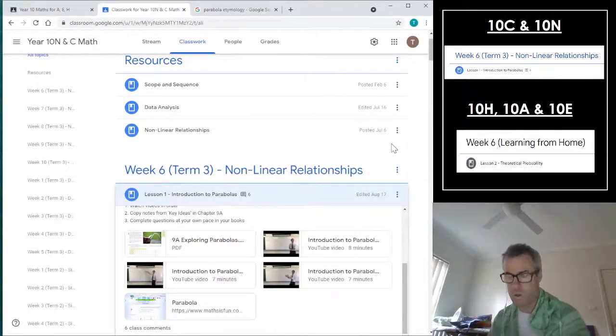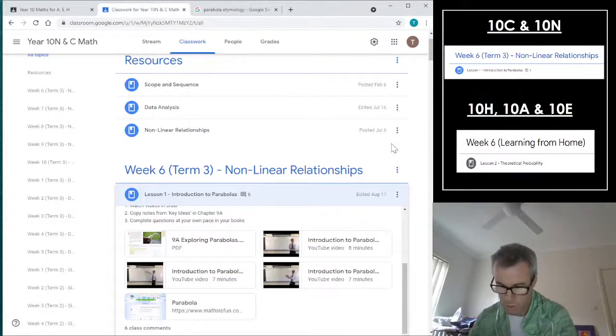So we want stage 5, answers, Cambridge 5.2.